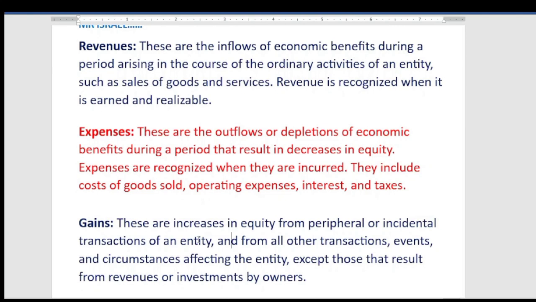That is what we are trying to get here. So gain is one of the elements. Gain doesn't stand on its own. It does not stand alone in the financial statement. It's hidden under something. Elements are under; components are the bosses. We will get there soon.